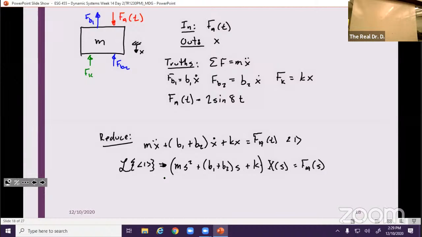In doing so, I'm left with this equation here: M s squared plus B1 plus B2 times s plus K, all times X of s, is equal to FA of s, and I can create my transfer function. All right, I'm going to give you guys a second to find the transfer function. I'll give you a couple minutes.